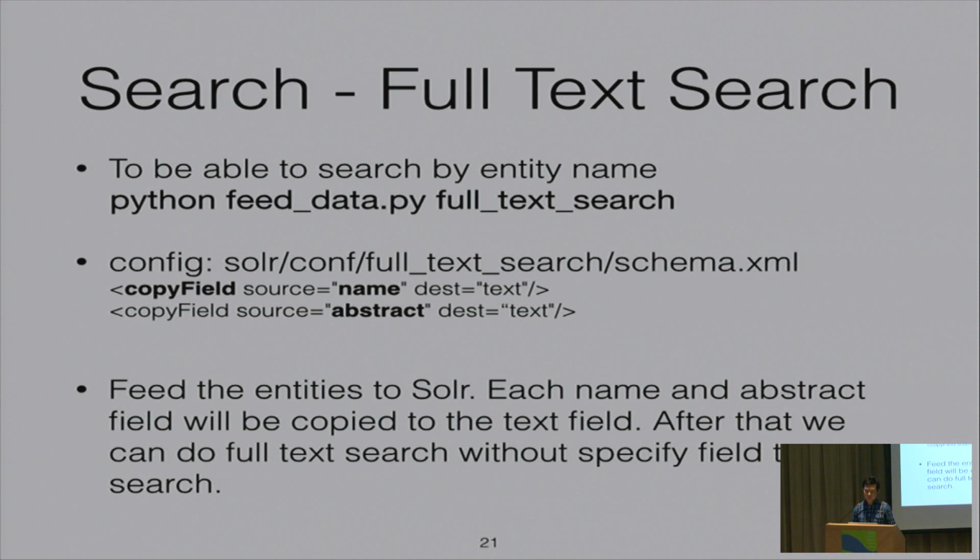If users are searching by some more free-form text, then in order to do that, we copy the fields in the Solr config to a text field, and then when we do the search on Solr without specifying any field, it will do the full text search.